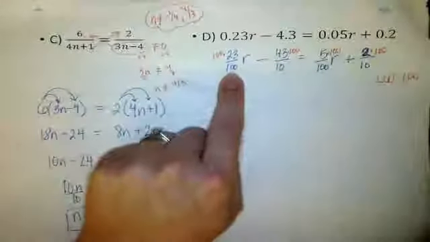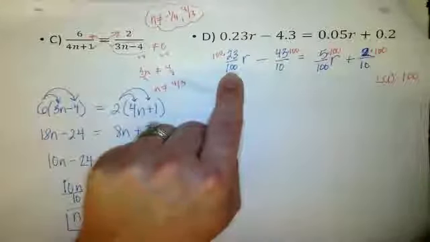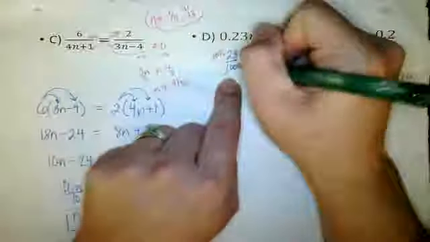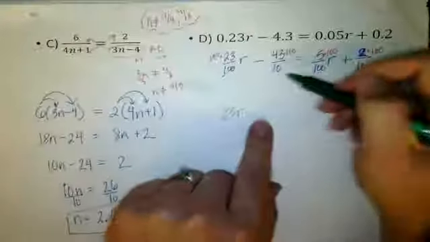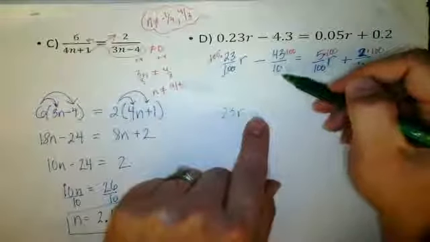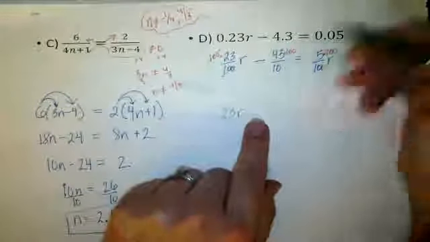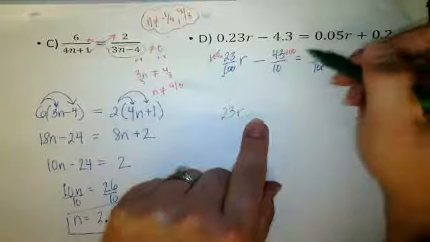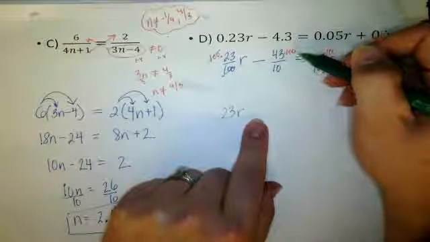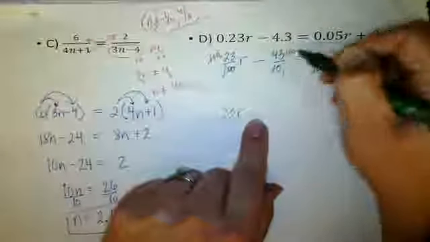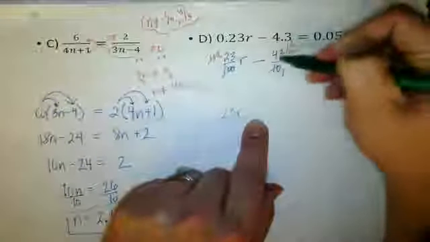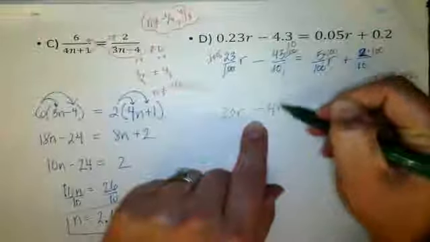So what happens with the 100 times 23R over 100? The hundreds cancel out and we're left with 23R. What happens with the 4300 over 10? What is it? 430, yeah. So the 10 goes into 10 once and 10 goes into 100 10 times. So 43 times 10 is 430.